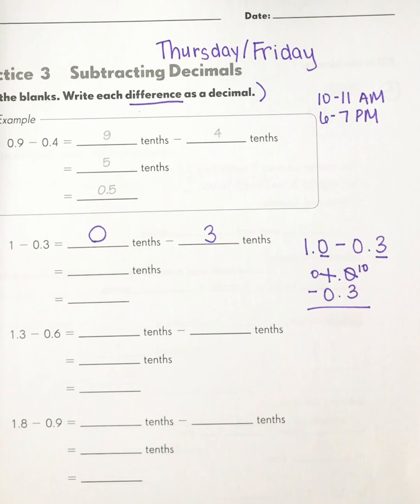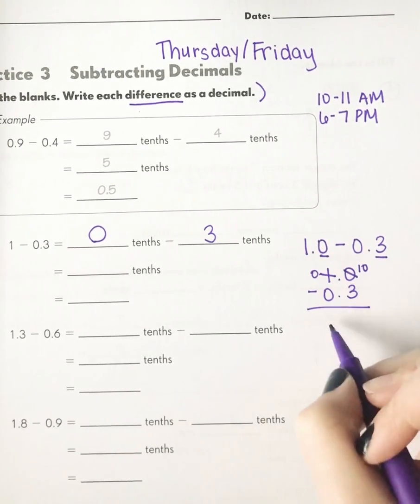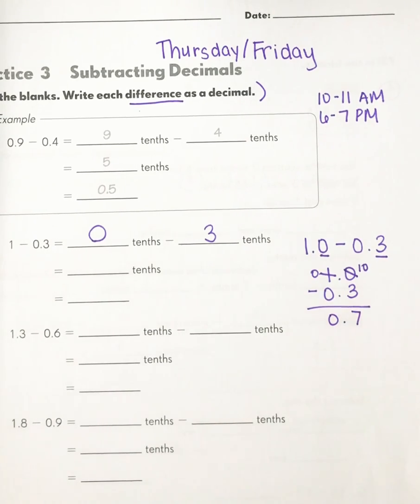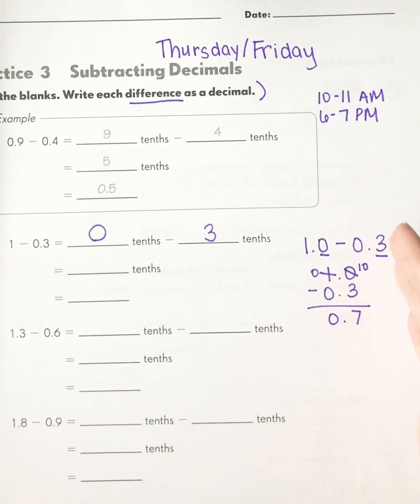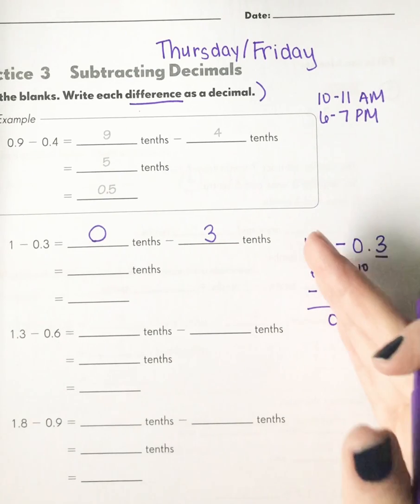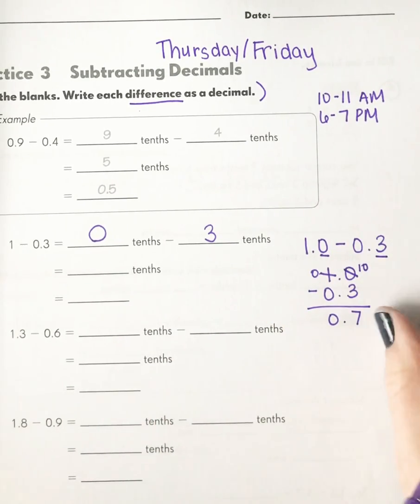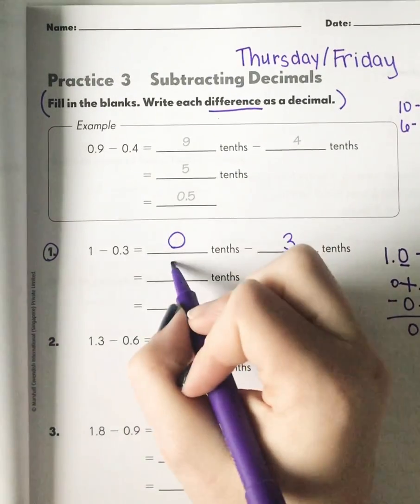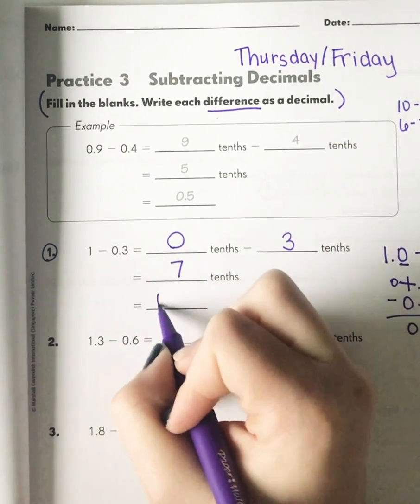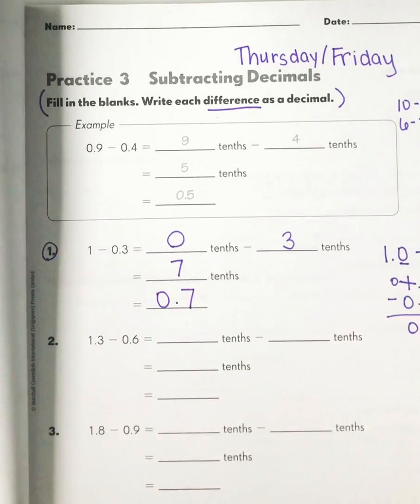I'm borrowing from my ones place and bringing it over to my tenths place. So 10 minus 3 would end up being just like this. This is almost like a normal subtraction problem, except now you have a decimal in there. So don't overthink this too much. You know how to do this. So this would be 7 tenths, or 0.7.